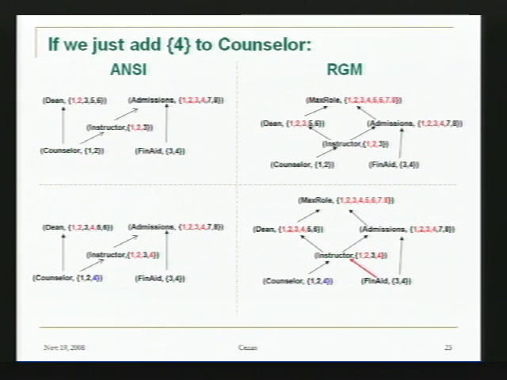I guess I should have deleted this edge here, but that's fine. Suppose I add another permission, say 12, to financial aid. In the ANSI version, it's only going to be in the financial aid role and the admissions role, whereas over here it's going to be in all of these roles because they're all senior.